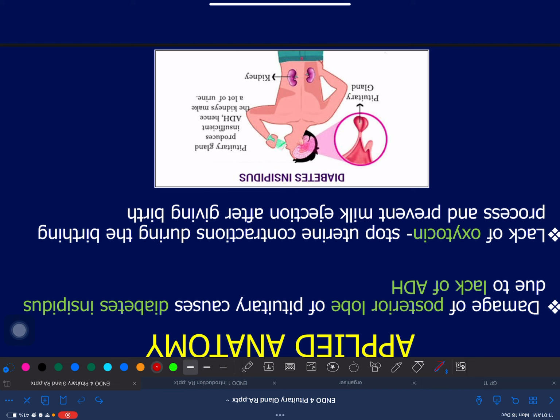Also, if there is a problem with oxytocin, it can stop uterine contractions during birth, making spontaneous vaginal delivery difficult, and it also prevents milk ejection after giving birth. These are examples of the pathology of the posterior pituitary gland.